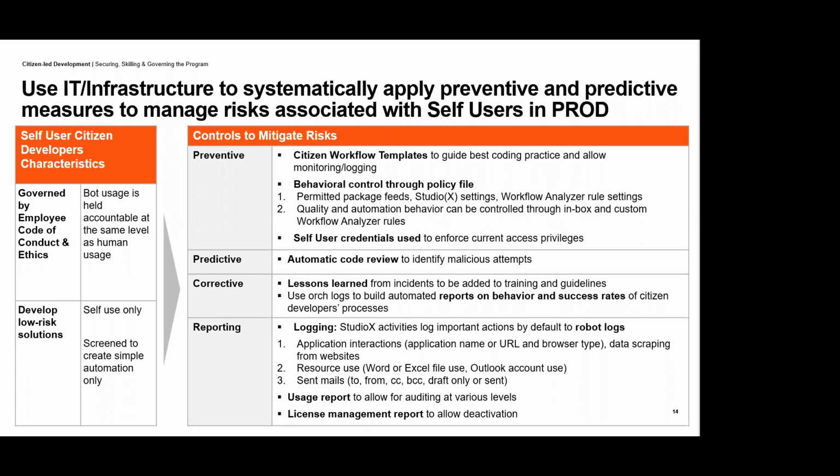For preventive controls, StudioX has built-in templates that citizen developers can use for common use cases as a starting point. The COE can also create additional citizen workflow templates to guide best coding practice and allow monitoring and logging more effectively so that the citizen developer wouldn't have to start from scratch. And then behavioral control through policy file.